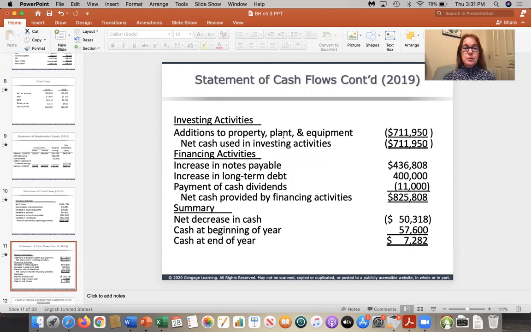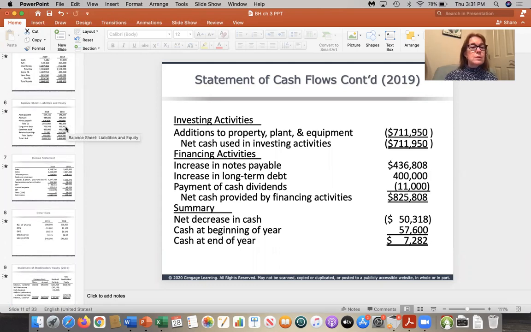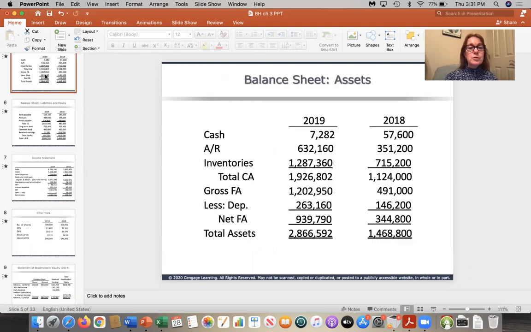Now for this, you look at additions to the fixed assets. So to get this $711,750, we're going to go back to the balance sheet. You're going to find the difference between these two numbers, the gross fixed assets.